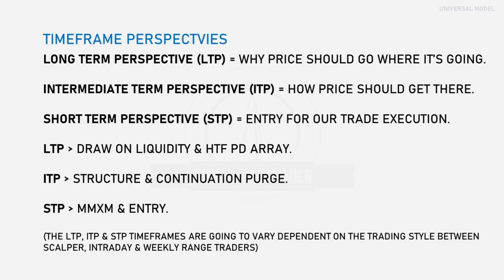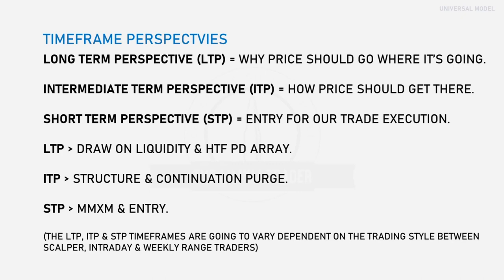So let's start off with time frame perspectives, right? That long-term, intermediate term, and short-term perspective. Reiterating again that long-term perspective is the why price should go where it is going, right? And think about that external to internal range and internal to external range, right? Then intermediate term perspective, this is how price should get there, right? We want to line up all these perspectives together so they are high probability.